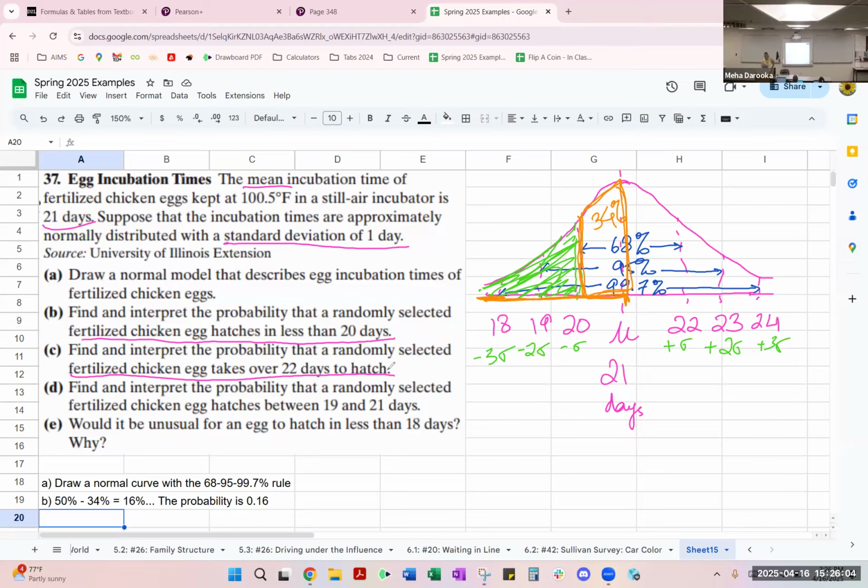I'm just going to go back to using green here for now. This is 22 days here, and more than 22 days will of course be all the way to the tail. We're looking at this section. So what will that probability come out to be?